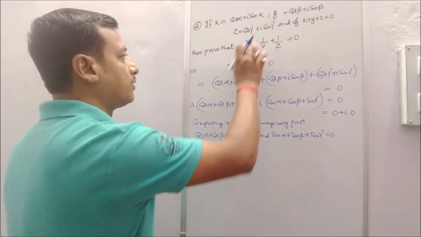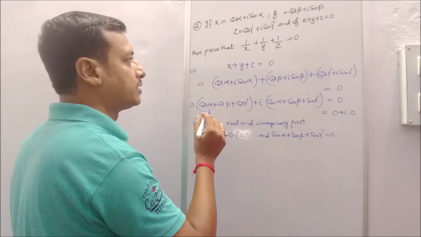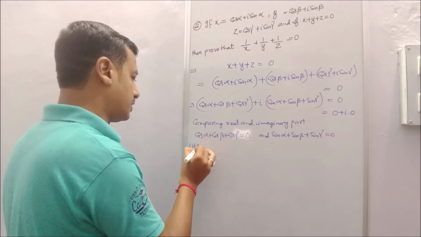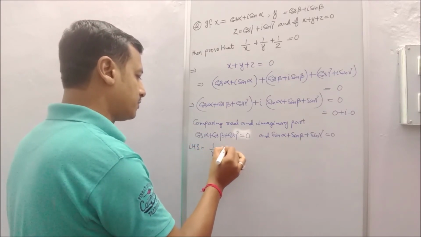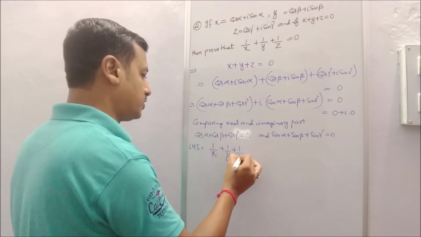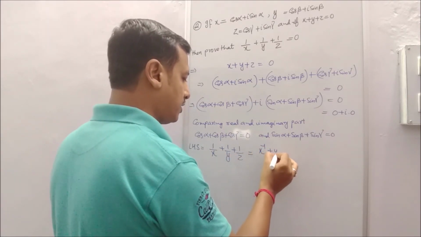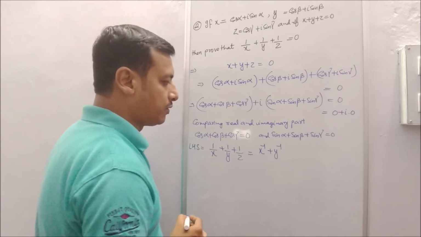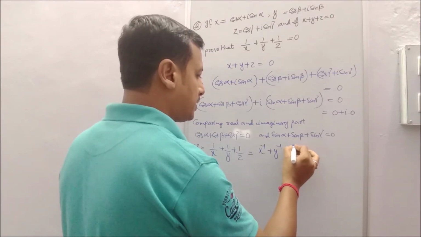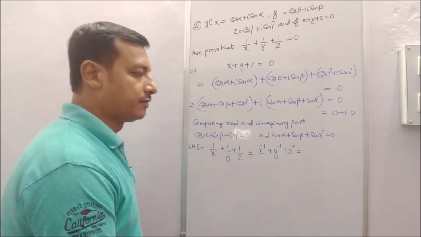Now we have to prove that 1 by x plus 1 by y plus 1 by z is equal to 0. So LHS 1 by x plus 1 by y plus 1 by z. 1 by x means x to the power minus 1. 1 by y is equal to y to the power minus 1, and 1 by z is equal to z to the power minus 1.